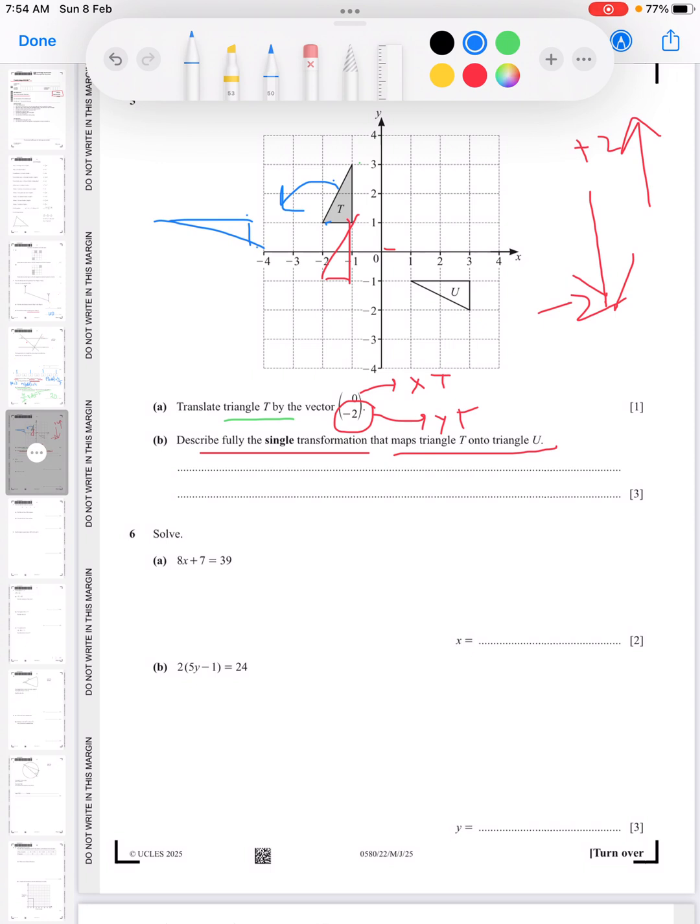And if you rotate it in a clockwise direction, yes, it is the same shape.